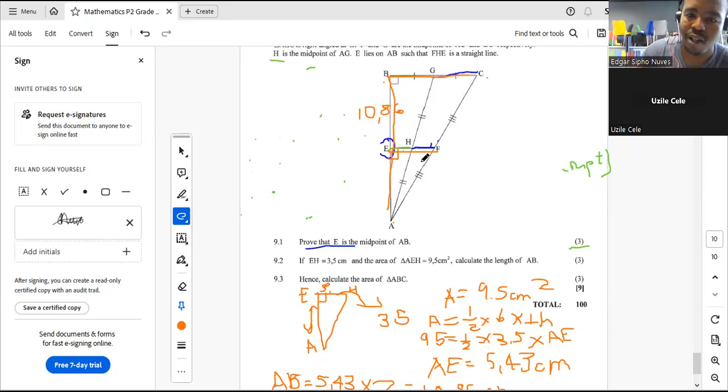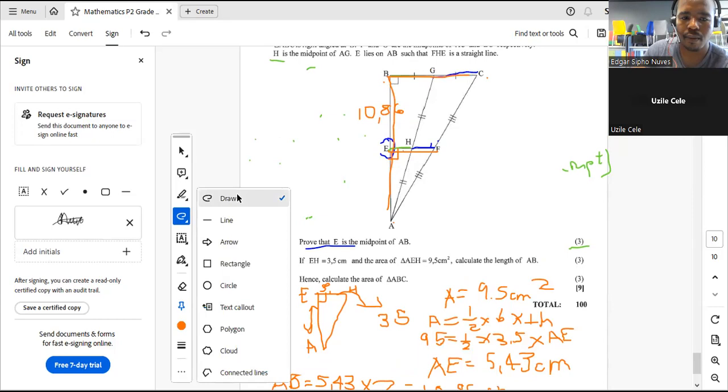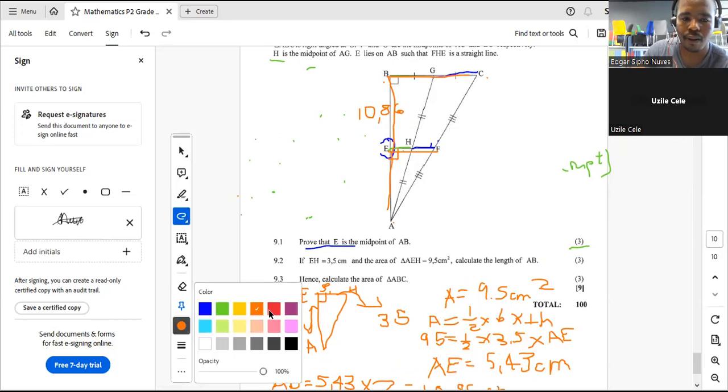But we can work out BC. How can we work out BC? If we know the length of EF. In a way, we do know the length of EF. How can we work out the length of EF? Let me write it down.